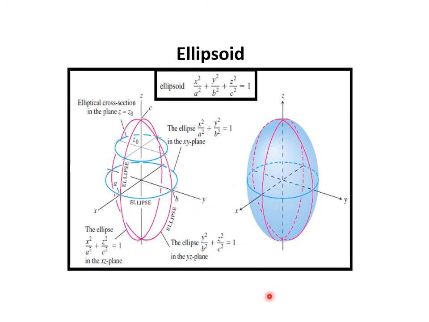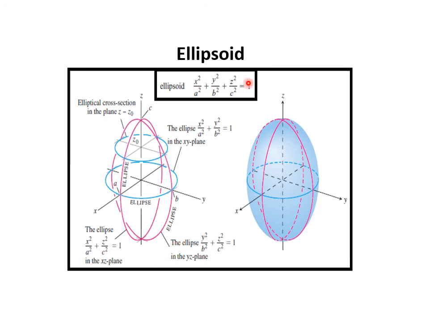Similarly, on the yz plane, x is 0. So this equation reduces to y square by b square plus z square by c square equal to 1, which is an ellipse in the yz plane, and in the xz plane y is 0, the curve is x square by a square plus z square by c square equal to 1, which is another ellipse.